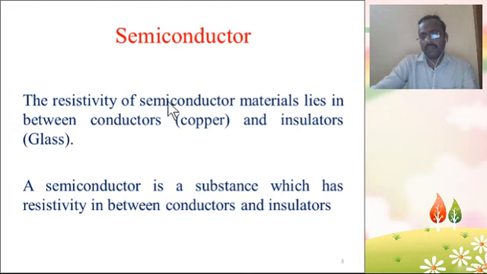The resistivity of the semiconductor material lies in between conductors, for example copper, and insulator, for example glass. A semiconductor is a substance which has resistivity in between conductor and insulator.